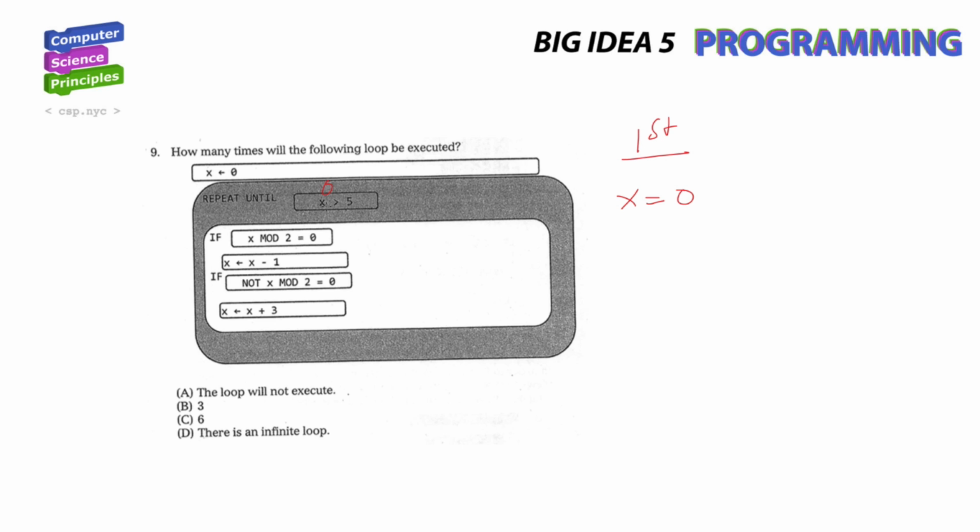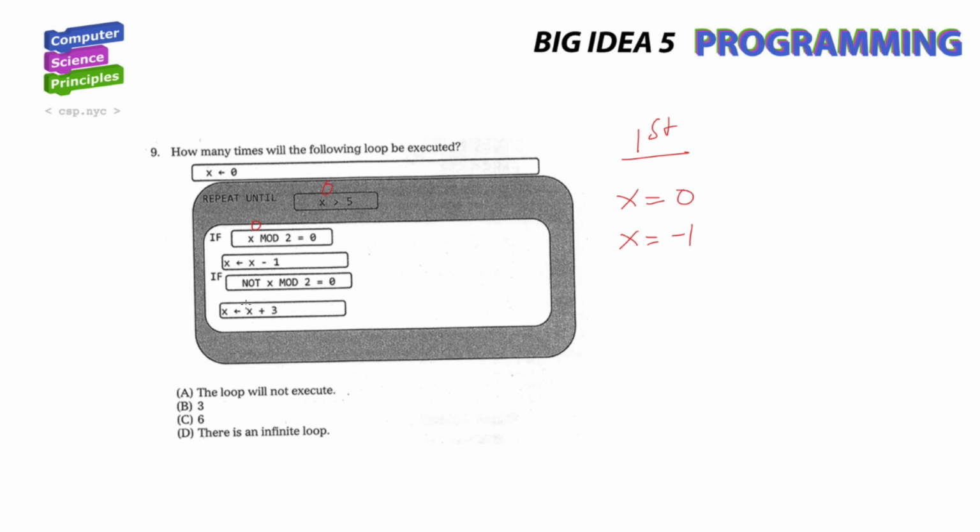When 0 is here, 0 is not greater than 5, so it does repeat everything. So when 0 goes in here, 0 mod 2, so 0 divided by 2 is 0, and there's a remainder of 0, so 0 does equal 0, so it does this next step here, so x takes on 0 minus 1, so x takes on negative 1.